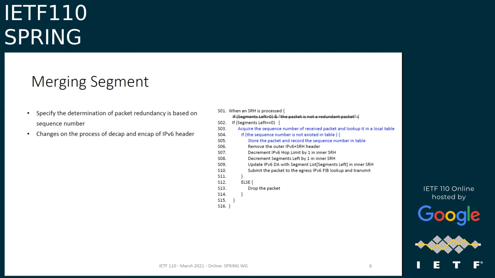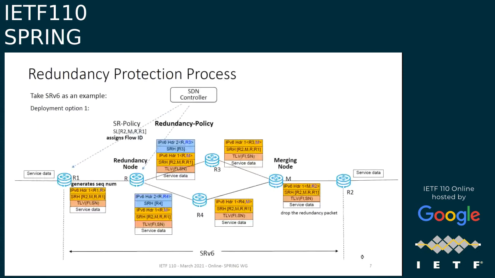There is a suggestion to use a local table lookup, but it is just an example of how the sequence number can be used to determine whether the packet is redundant or not. Next please.